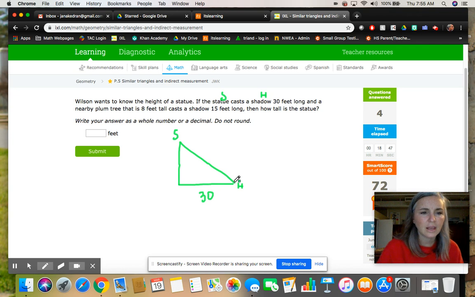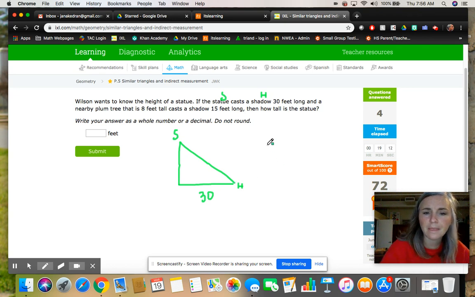And then it says, and a nearby plum tree. Wilson wants to know the height of a statue. If the statue casts a shadow 30 feet long, and a nearby plum tree casts a shadow 15 foot long.